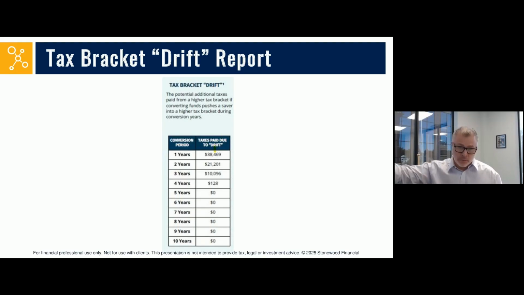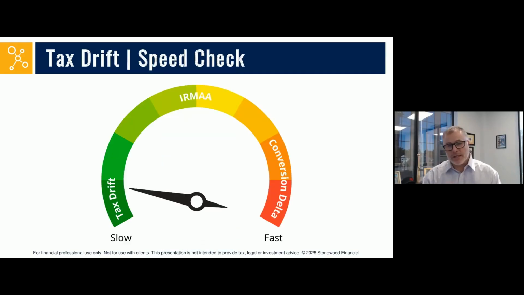But after that, we're home scot-free. So if we're only looking at tax drift, then conventional wisdom does kind of play out, where you might want to spread that out as much as possible to avoid tax drift. So that's my little speedometer there: with tax drift, we slow it down.